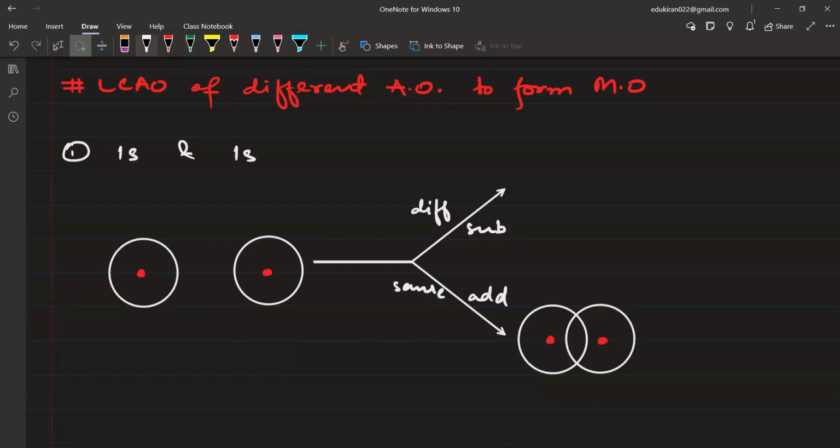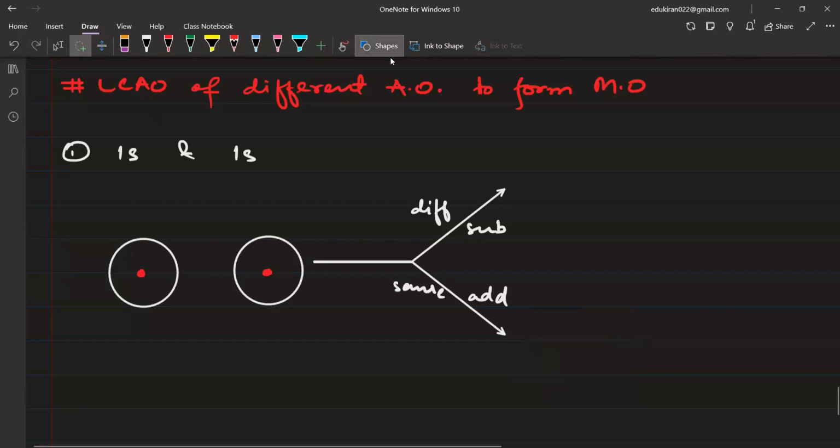Okay, now what will happen? Both of them will mix and they will forget their identity, and now they are a molecular orbital. As you can see, there is a lot of electron density here. Now they combine completely, and essentially the shape that they get is something like this.